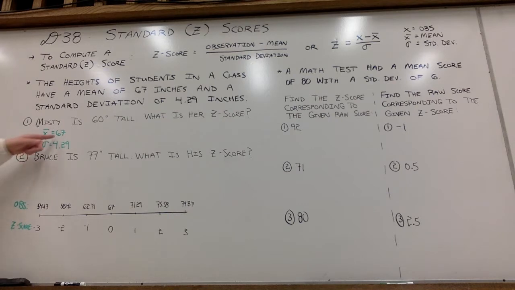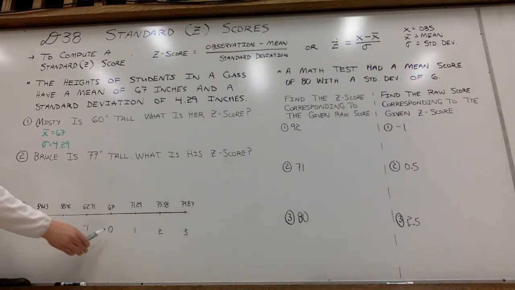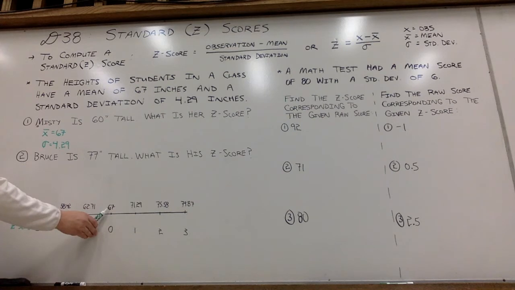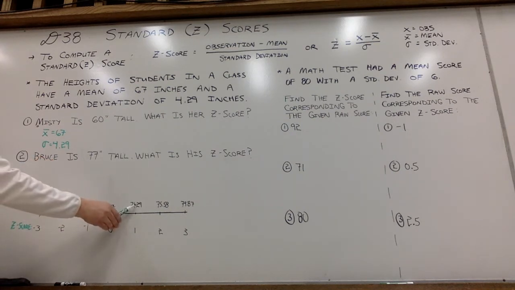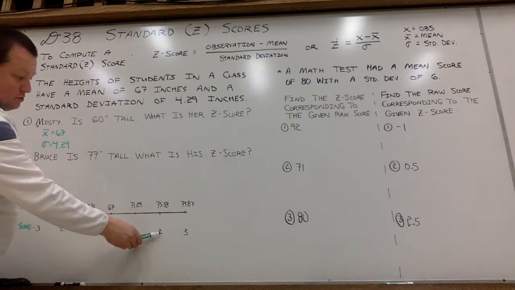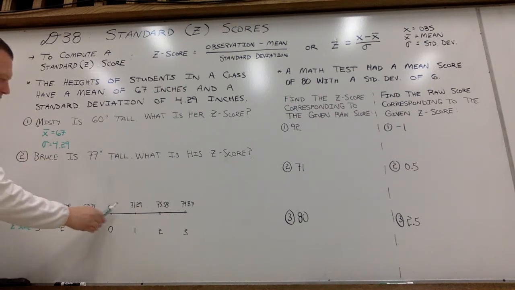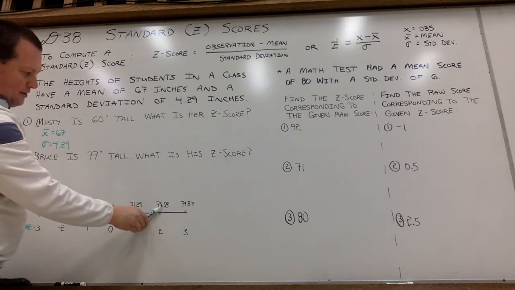Since Misty is 60 inches tall, she's somewhere right down here between 58 and 62. My z-score of 0, I said, was the mean, 67 inches. If she is 1 standard deviation above the mean, she would be 67 plus 4.29, which is 71.29. If she is 2 standard deviations above the mean, she would be 67 plus 4.29 plus another 4.29.